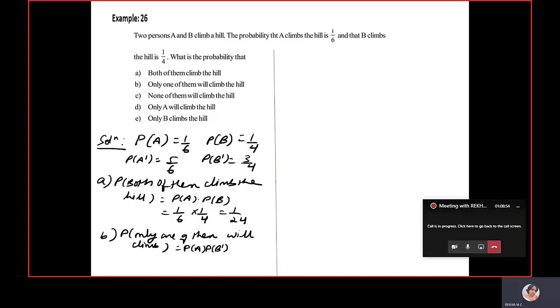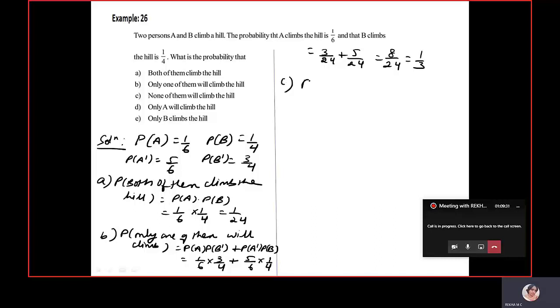If A climbs, B will not climb, or B climbs, A will not climb. So P of A complement into P of B. So that is equal to 1/6 into 3/4 plus 5/6 into 1/4. So your answer is 3/24 plus 5/24, 8/24, that is equal to 1/3.